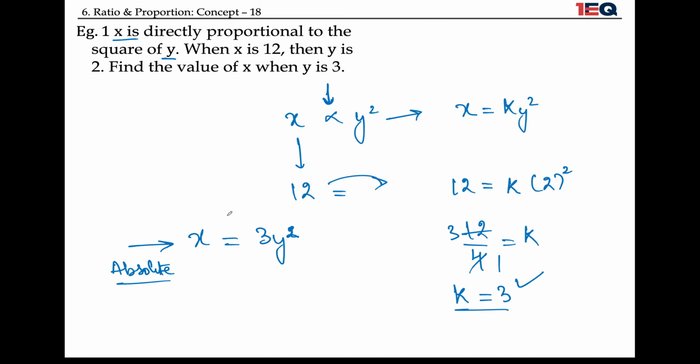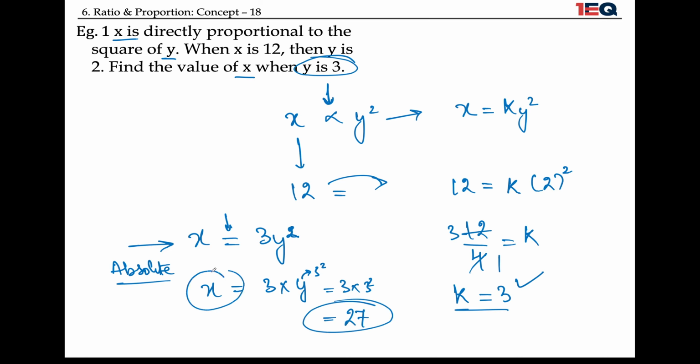When the sign of equality has come, this means you will be able to find out the exact or the absolute values. Find the value of x when the value of y is equal to 3. So x needs to be found out when y is equal to 3, and the square has to be done as well. So this means 3 multiplied by 3 square, so 9 3s are 27, which would be my final answer. Again we are good to go.